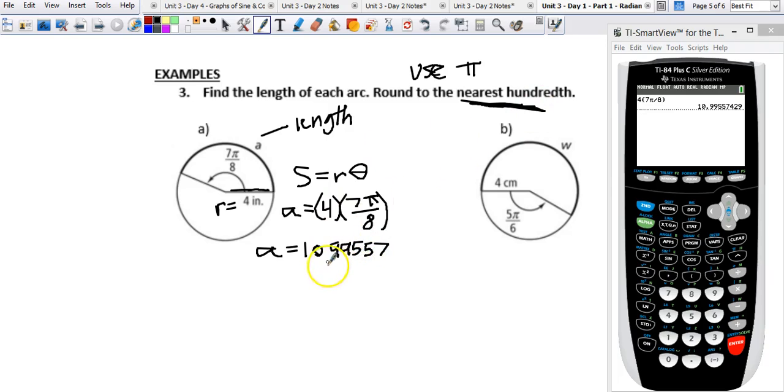It says round to the nearest hundredth. Well, that 5 is going to bump that 9 up to a 0. So that really is going to be approximately, I'll just put a little approximately symbol, about 11 inches.